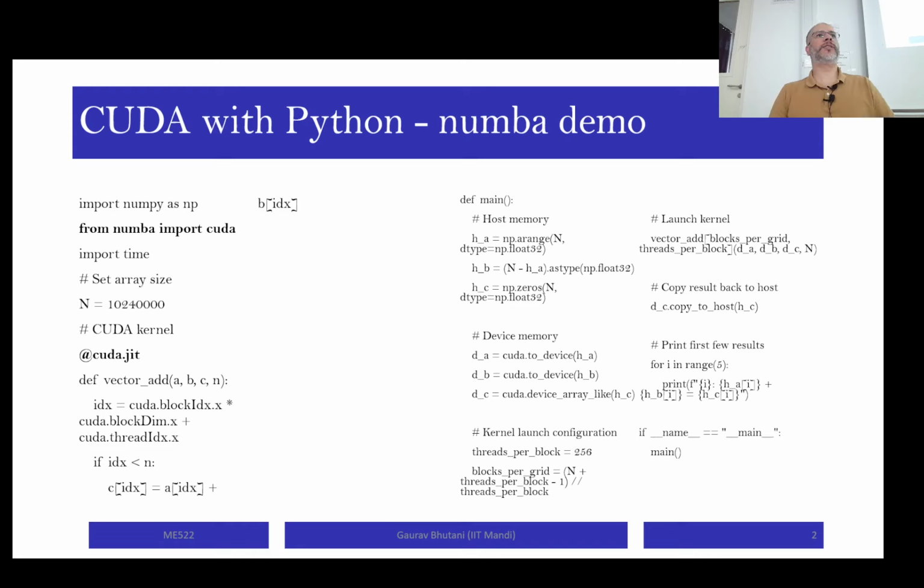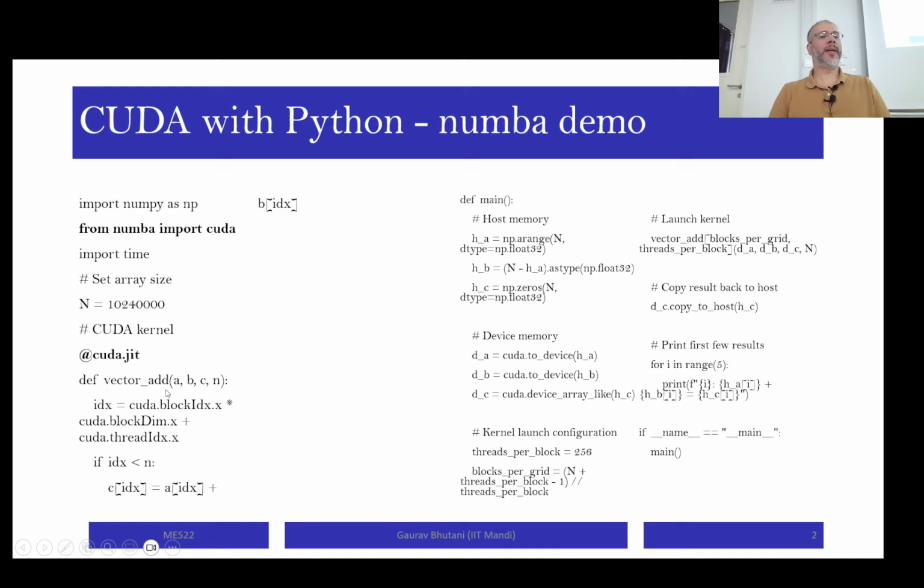That told us that this function is being called from the host, but it will run on the device. And I told you that there are other keywords available as well, which allow a function to be called from a device and run on a device, or called from a host and run on a host, and so on. So this is similar to that, and has to be specified before your kernel function.